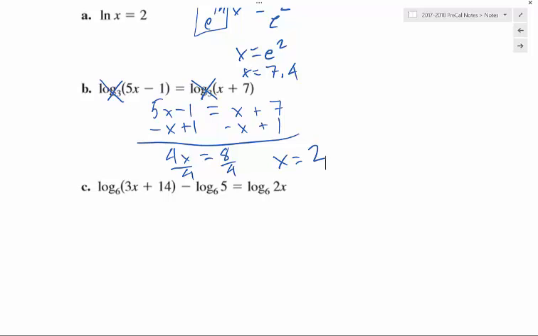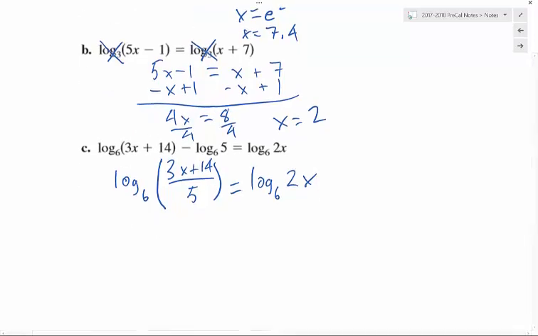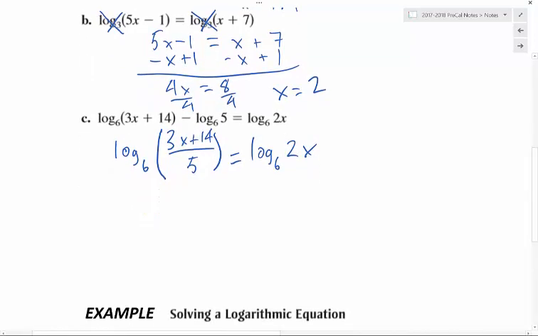So now what I'm going to do is reverse that. So I have log base 6 of 3x plus 14 over 5 equals log base 6 of 2x. Well now I have log base 6 equals log base 6. They simply go, the logs, they roll along.